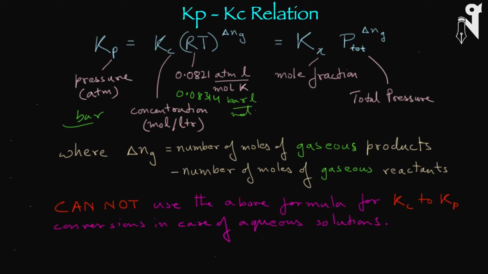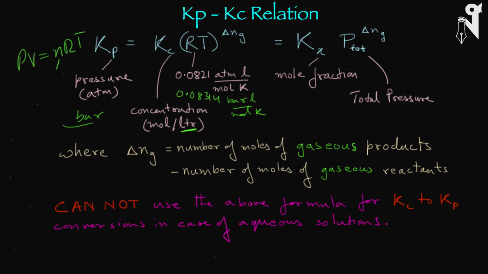So mind you, your concentration will always be in moles per liter. Liter is not an SI unit, right? But moles per liter is what you'll be using almost all the time for concentration. So the corresponding value in your PV = nRT: n is always in moles.